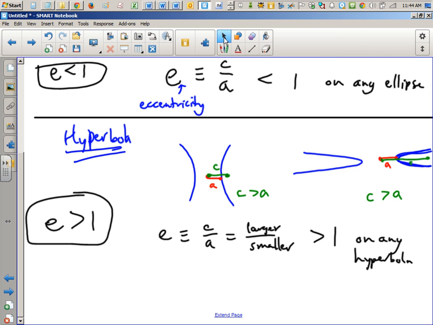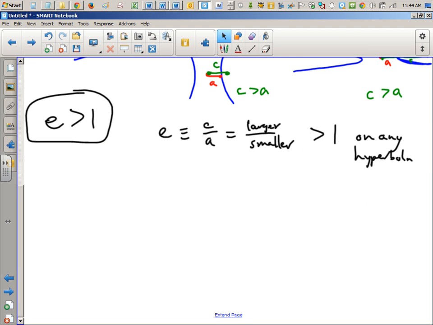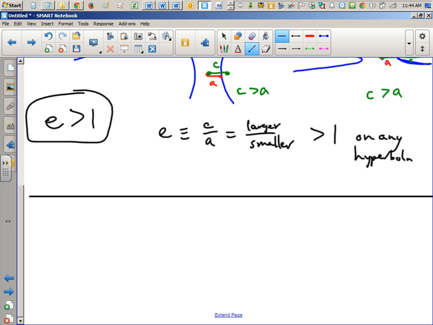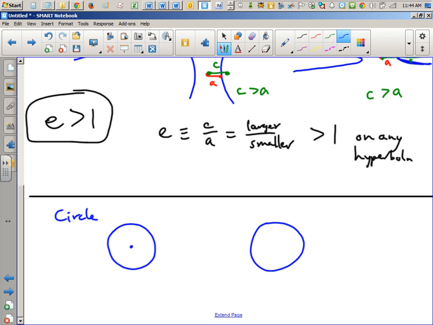Okay, so the circle is an interesting case, isn't it? Does a circle look more like an ellipse, or does it look more like a hyperbola? Looks a lot more like an ellipse. So the circle, all circles have the same thing in common. There are no foci.